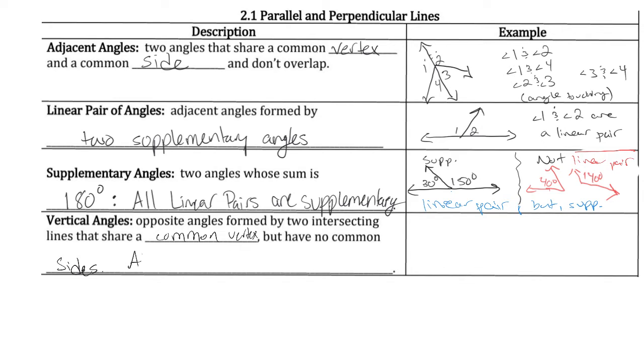All vertical angles are congruent, so we should know this. They are all congruent, meaning all their measures are going to be equal as well. So we can draw a couple lines to create some angles, and we can figure out which ones are vertical angles.